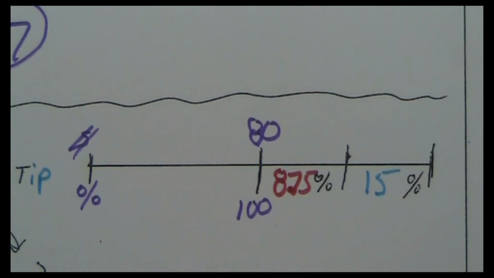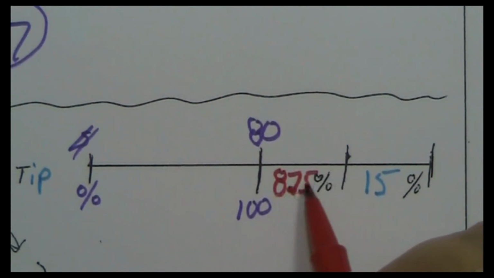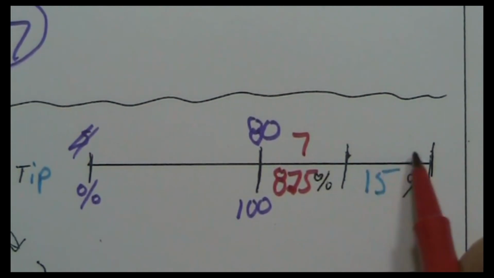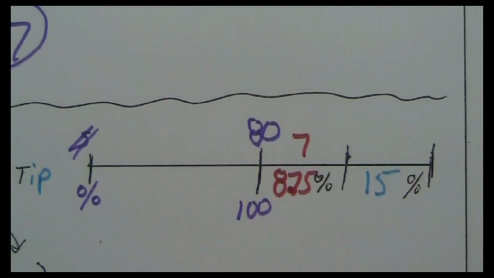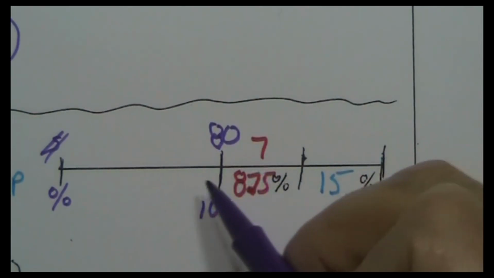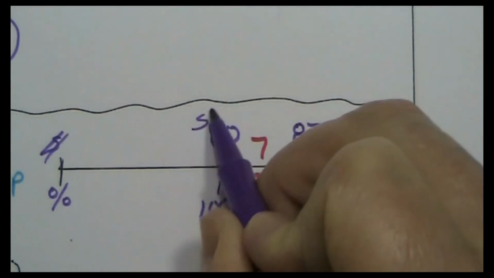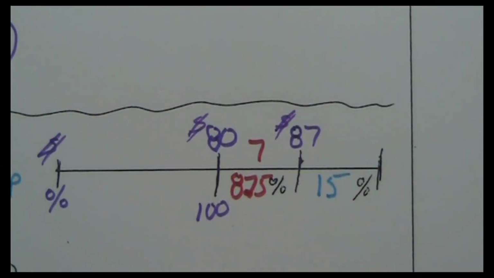And we already know what this is. This was $7, wasn't it? We did this already. That was $7. But you got a tip also. So you're going to have to add that. That's right. So with the taxes, it was $87. Now we need to add the tip.